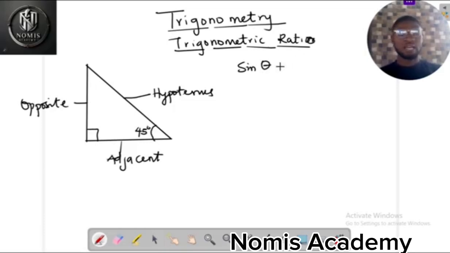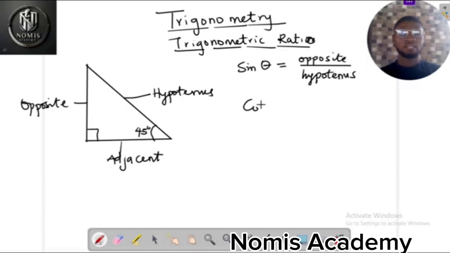So sine theta, to tell the relationship of this theta and the sides of triangle, the ratio is opposite over hypotenuse. That is sine theta.